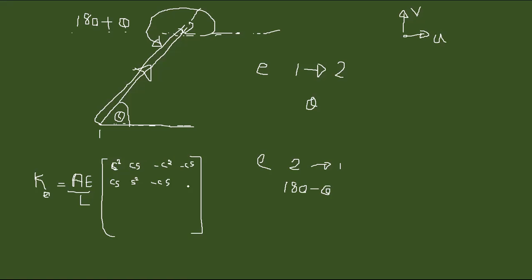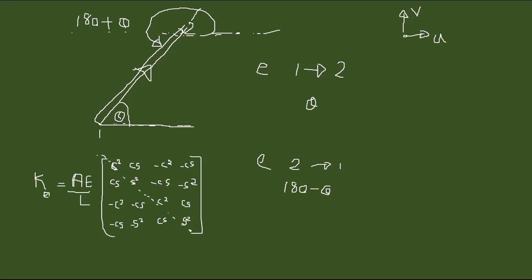I'll define what c and s are. And the final four items will be exactly the same: c squared, cs, cs and s squared. The other row is minus c squared, minus cs, minus cs, minus s squared. If you have a close look at this matrix, this is symmetric.